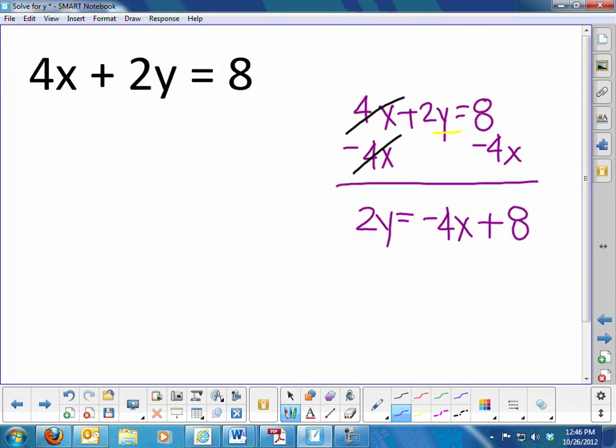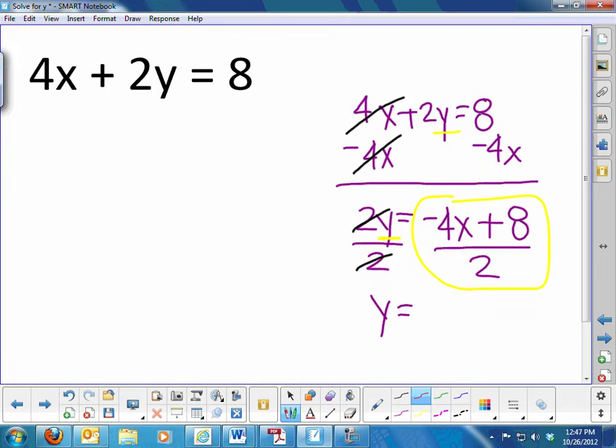Now, I'm almost there. Again, my goal is to get y alone. Right now, y is being multiplied by 2, so I need to undo that by dividing each side by 2. 2 divided by 2 is 1, so those cancel, and I'm left with y equals. Now, I could rewrite this negative 4x plus 8, divided by 2, in the following way: negative 4x divided by 2 plus 8 divided by 2, because each term, the negative 4x and the 8, are both being divided by 2.